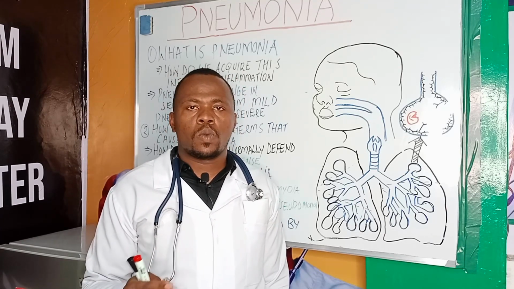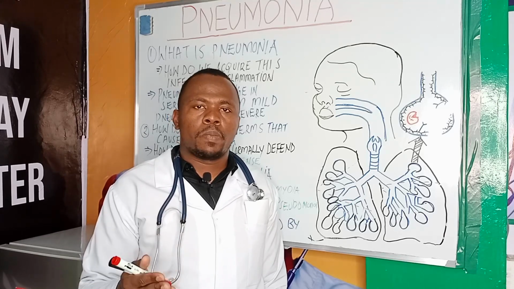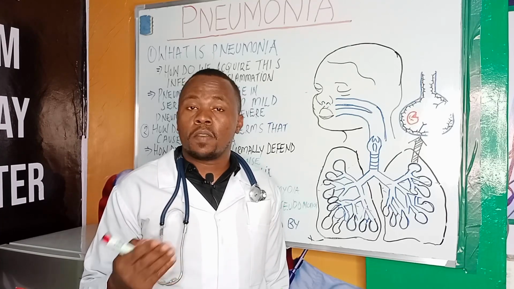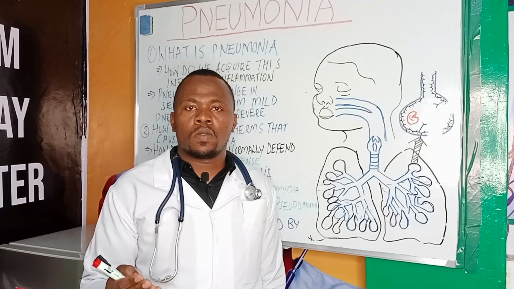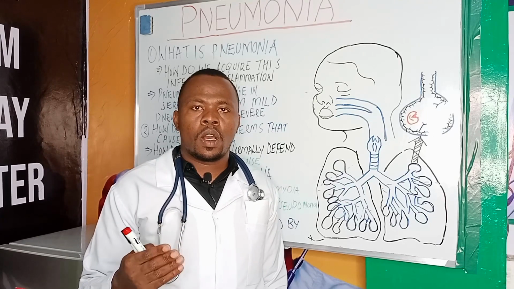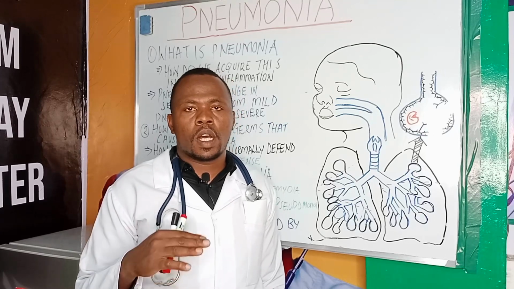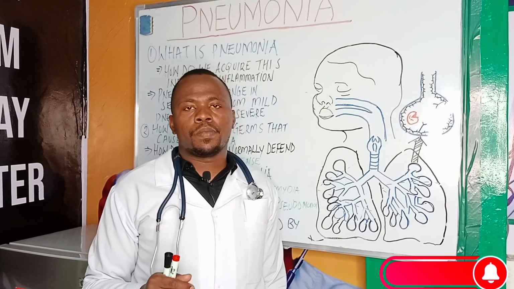This mostly happens when patients are in ICU, are critically ill, also those patients that have had a stroke, or individuals who are drinking excessive alcohol. When a drunkard vomits and has already lost consciousness, they may end up aspirating.